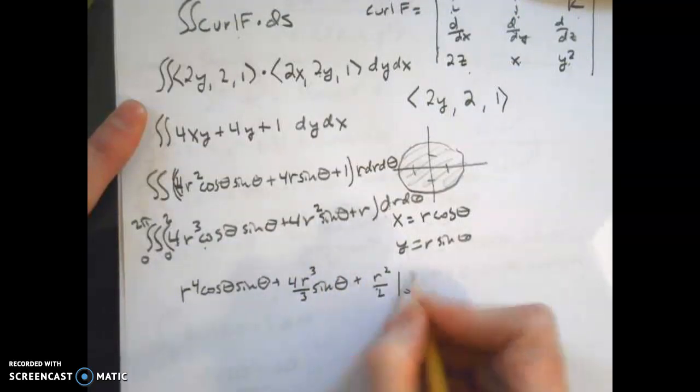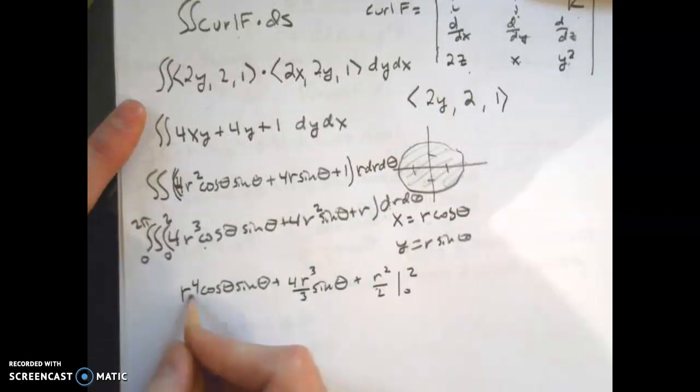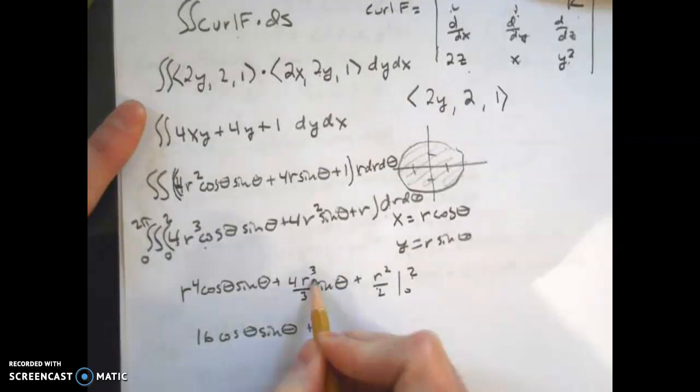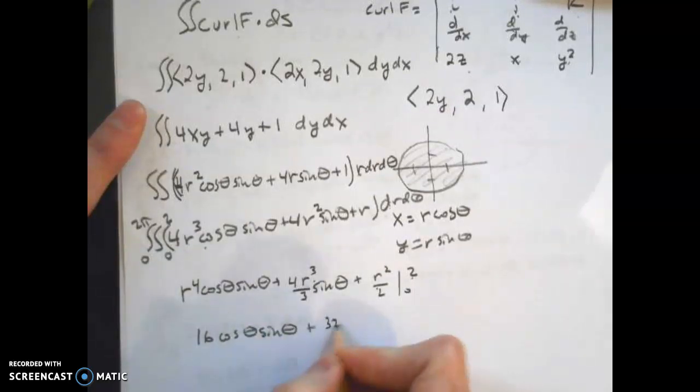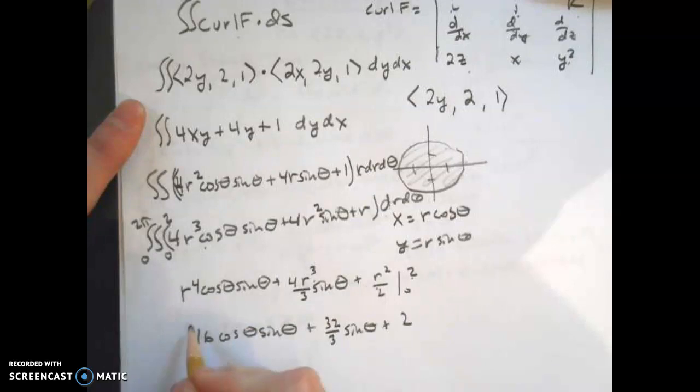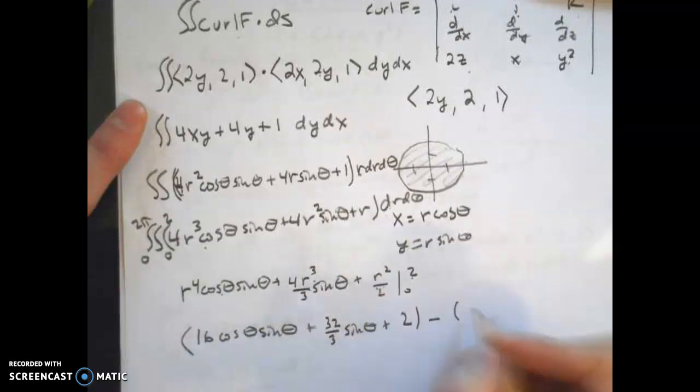Evaluating from 0 to 2, it's going to be 16 cosine theta sine theta plus 8 times 4, 32 over 3 sine theta plus 2, minus, and then we plug in 0. We're going to get 0 for everything.